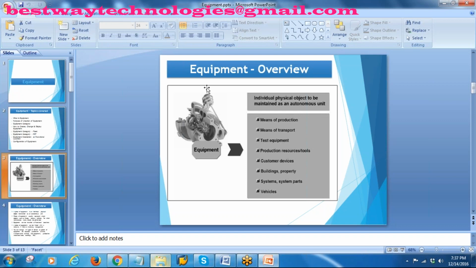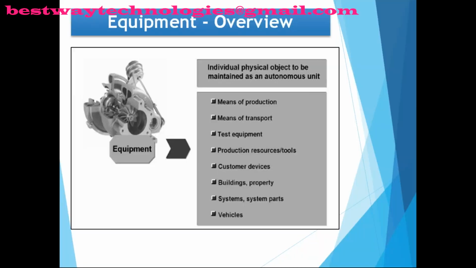Okay, so basically what is an equipment? Equipment is an individual physical object which is to be maintained as an autonomous unit. So it is an individual one. Equipment can be a production equipment, a transport or fleet equipment, or test equipment which is used in the quality department.